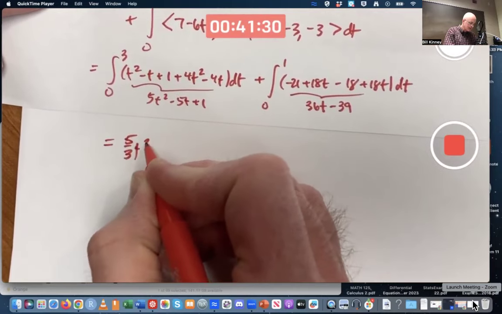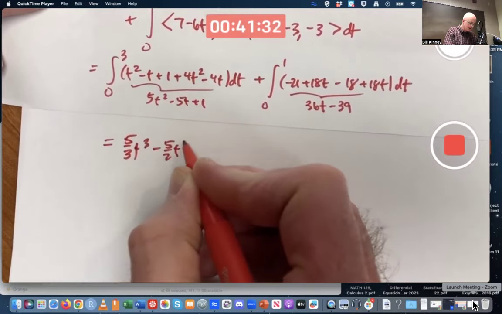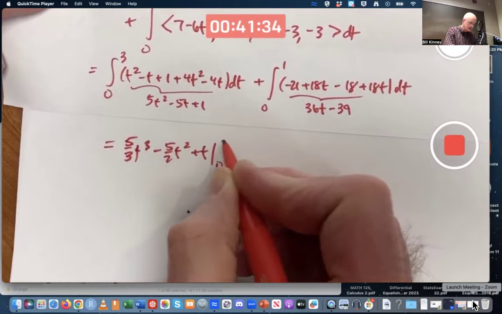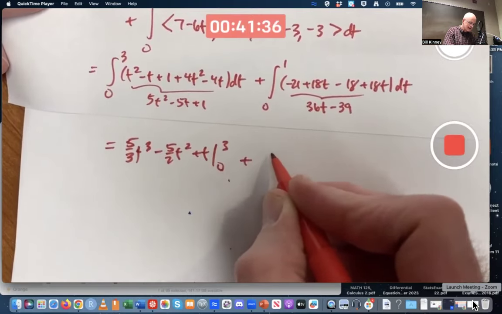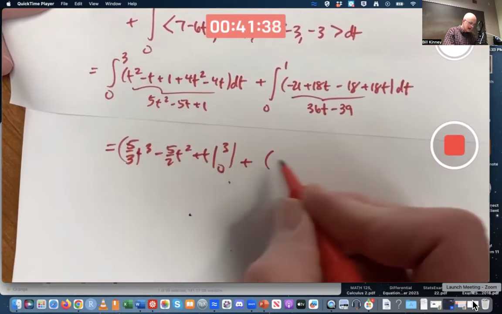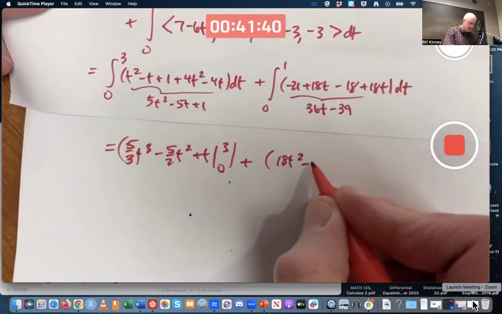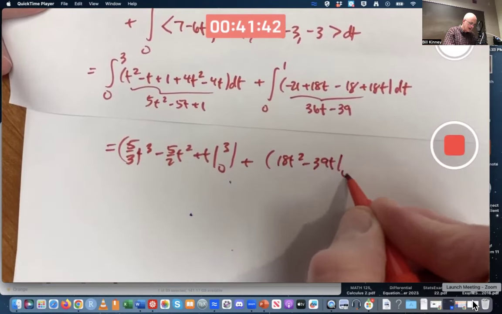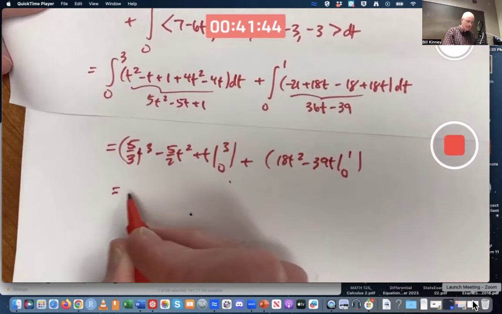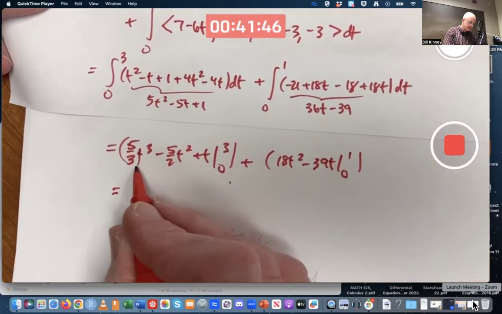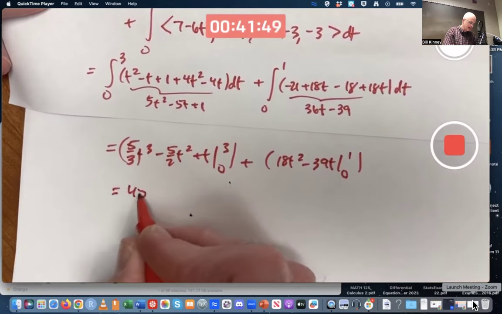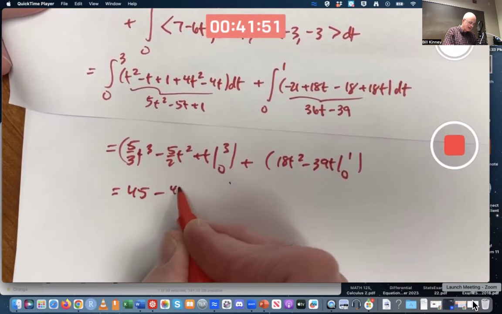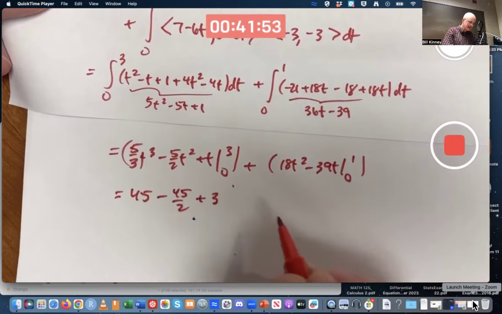5/3 t cubed minus 5/2 t squared plus t from 0 to 3 plus 18t squared minus 39t from 0 to 1. 3 cubed is 27, divided by 3 is 9. 45 minus 45/2 plus 3.